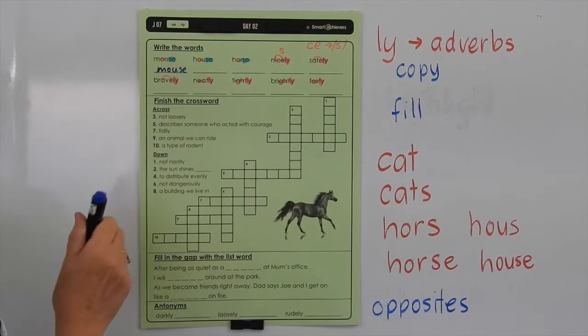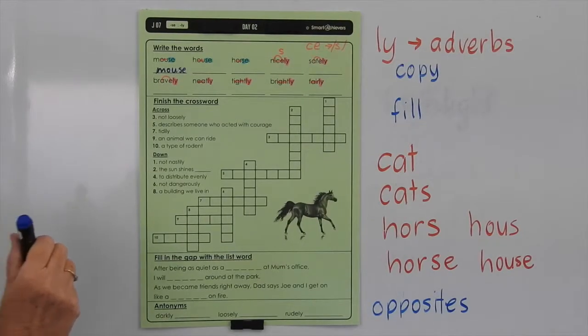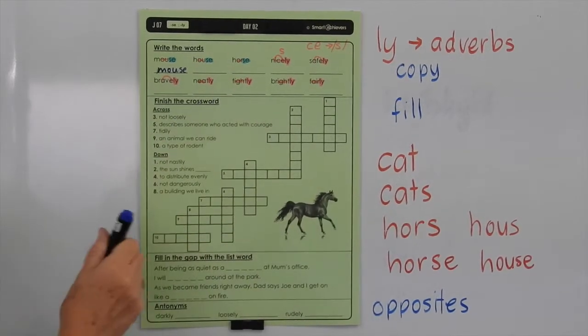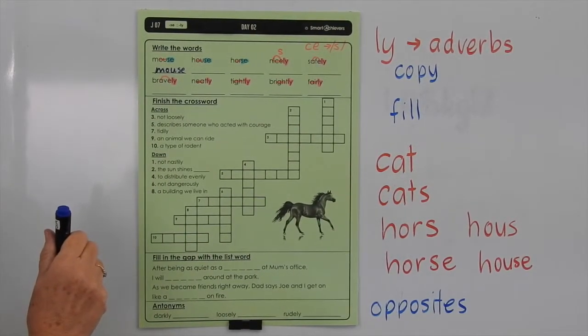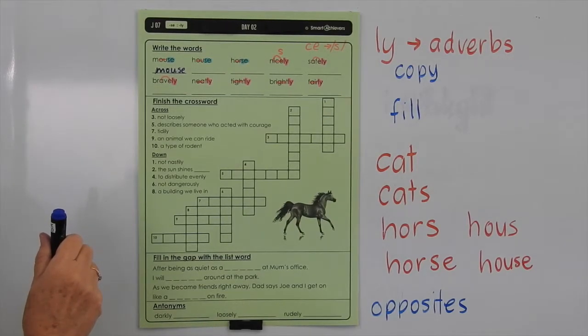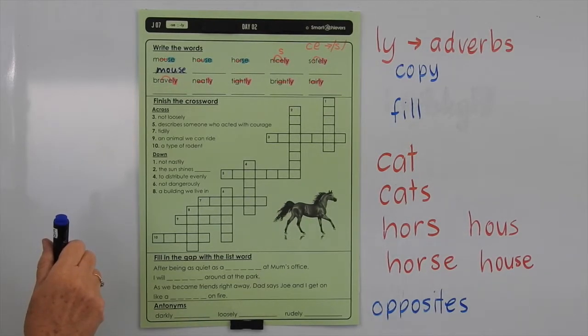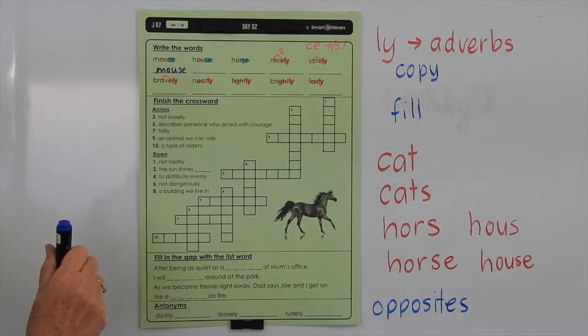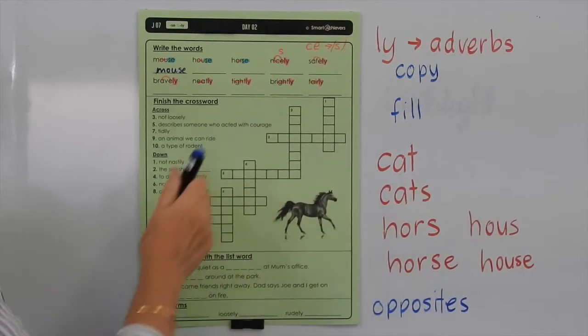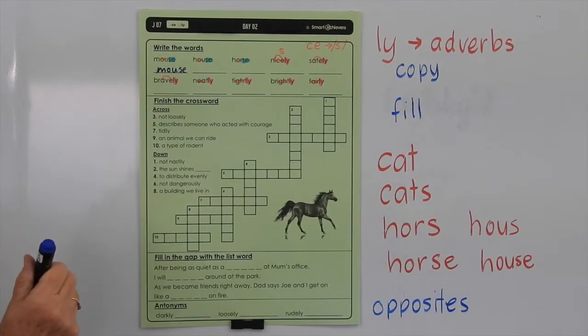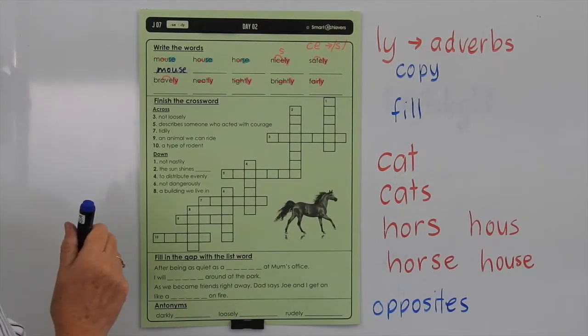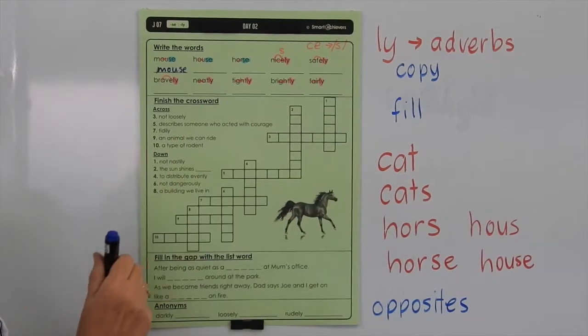Neatly is when everything is tidy and in order. Tightly is the opposite to loose, so if the shoes fitted tightly, it means that they would be very snug on our feet. They wouldn't be loose at all. Brightly means that something is very shiny and the sun shines brightly.